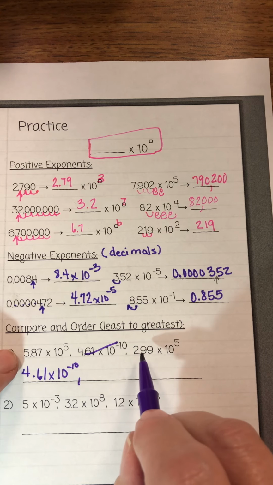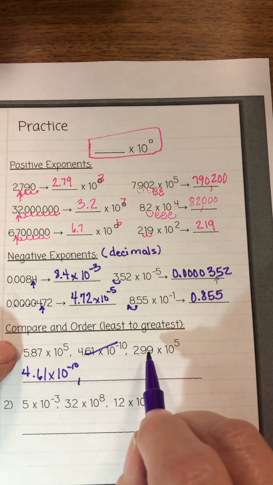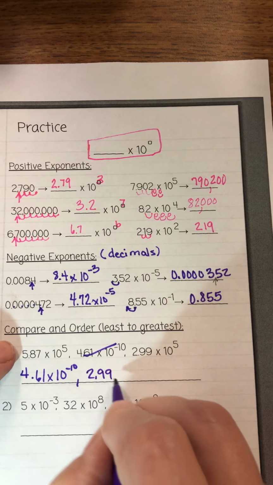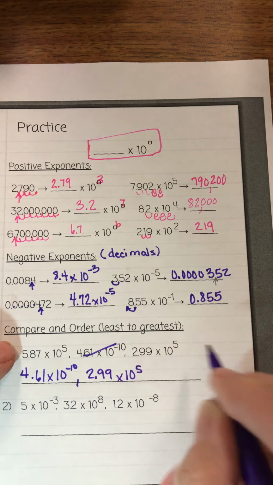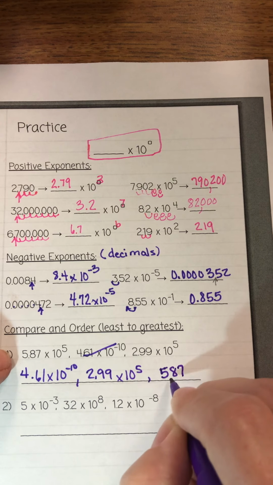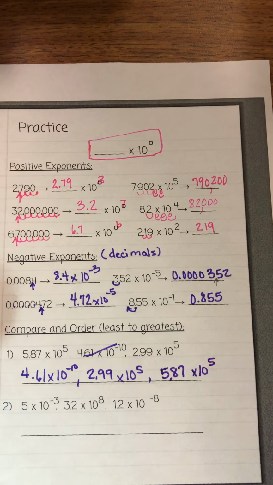So now we're going to go to our base. Which is smaller, 5 and 87/100 or 2 and 99/100? Well, the 2 and 99/100, of course. 2.99 times 10 to the 5th. And then the same way with the other ones. Don't forget your decimals and your exponents.